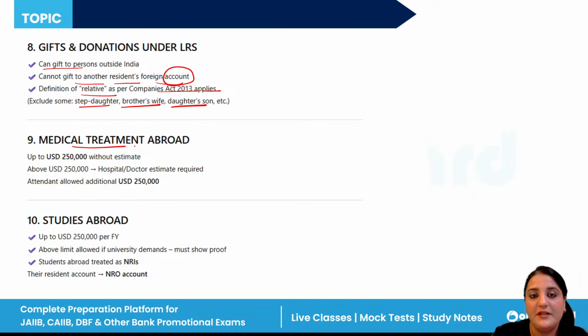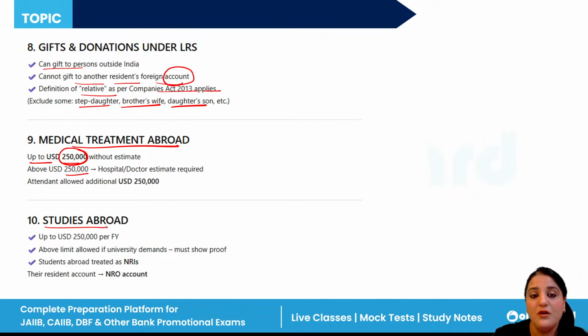Then medical treatment up to US dollar 2,50,000 is allowed, no permission is required. But if someone wants more than this money, they have to show the doctor's estimation, and in that case they can be allowed more than 2,50,000.